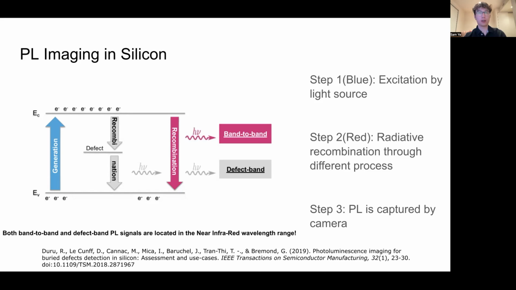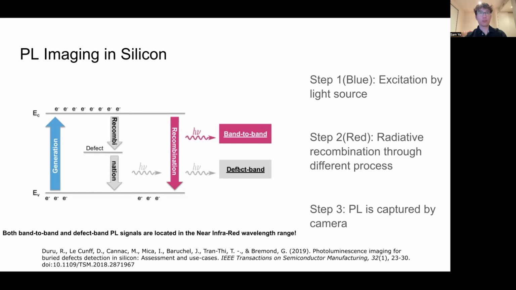So how does it work? PL imaging relies on radiative recombination, which is the reverse process of the photogeneration of electron-hole pairs. Because silicon is an indirect semiconductor, the radiative recombination rate is typically quite low, which means that both the signals of the band-to-band and the defect-to-band are weak.